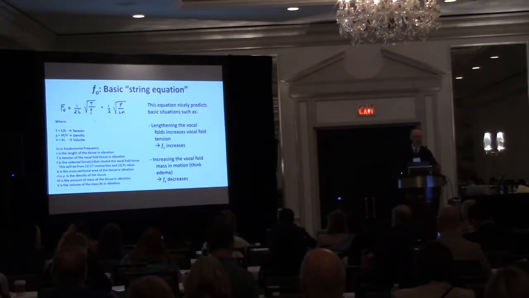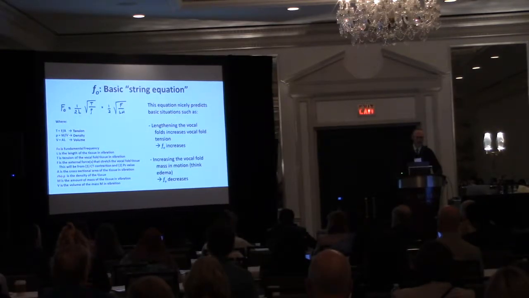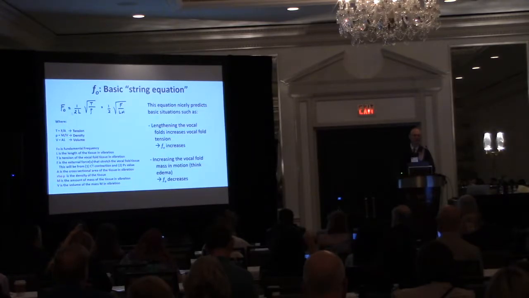So as the vocal folds elongate, the length is increasing, but the tension is increasing much faster, and thus this whole number is getting higher, and the fundamental frequency is higher. The vocal folds are moving back and forth faster because they're more tense.